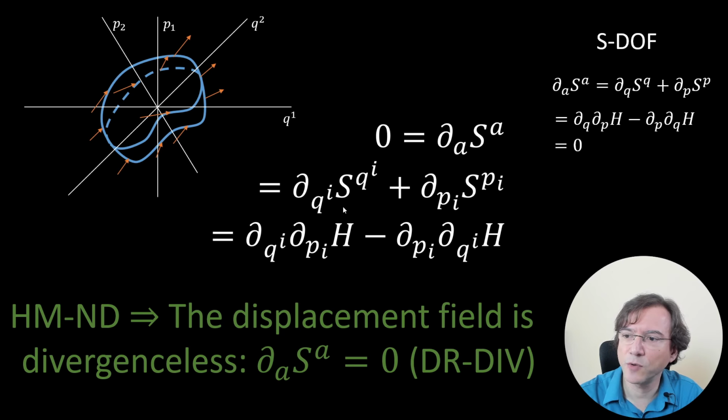Using Hamilton's equations, we can substitute the derivatives of the Hamiltonian, and then we just have the mixed partial derivatives, and of course these derivative operators commute, and there is a minus sign, so this is going to be zero. So using Hamilton's equations, the displacement field is divergenceless.